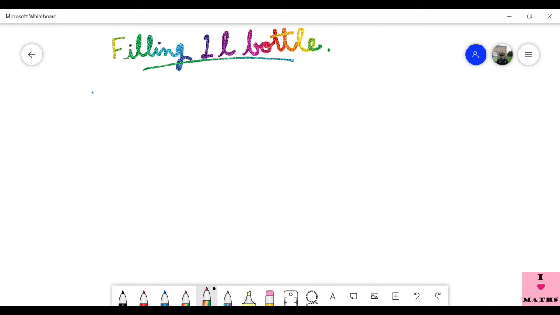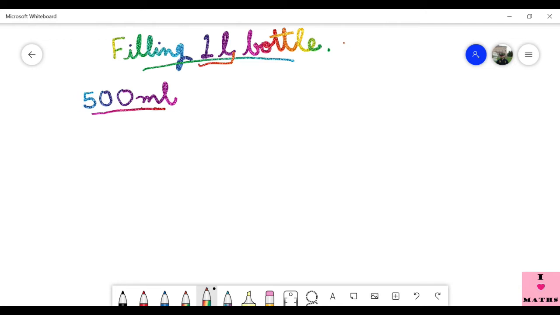Suppose we have a bottle whose capacity is 500 milliliter. How many times would a 500 milliliter bottle fill up a 1 liter bottle?